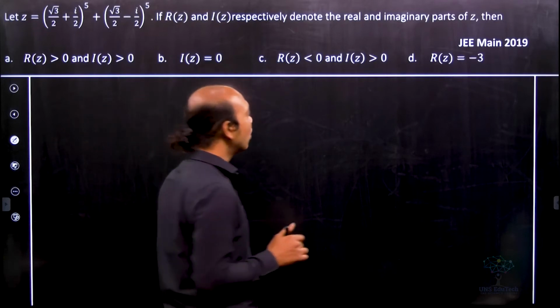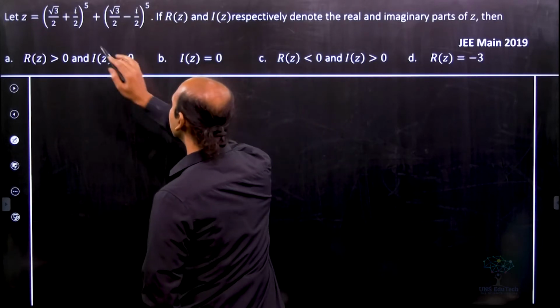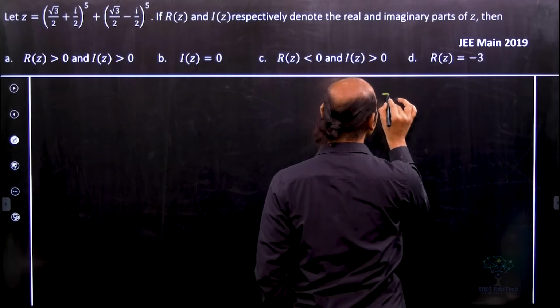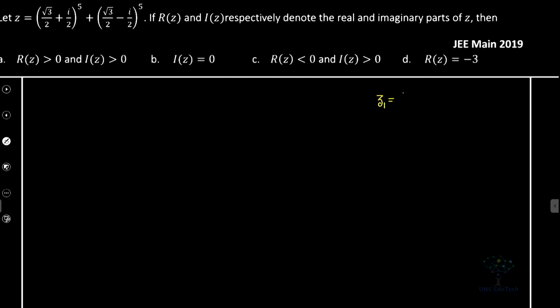Okay, so first consider the complex number z1. Here z1 is root 3 by 2 plus i by 2. And the second complex number is the same thing with a minus sign, so z2 is root 3 by 2 minus i by 2.